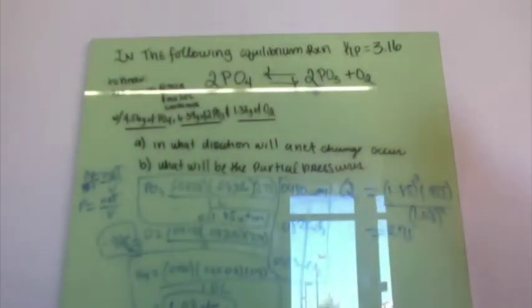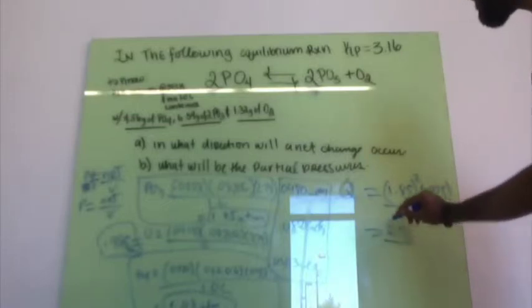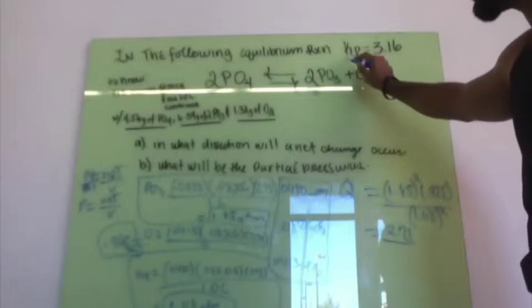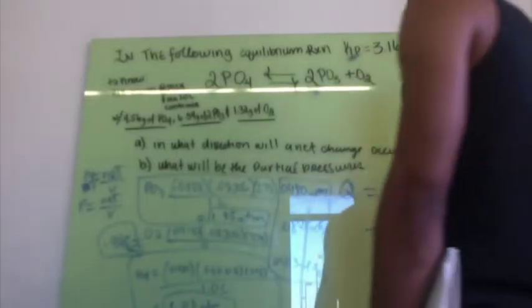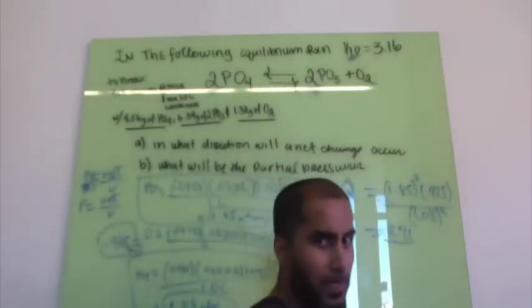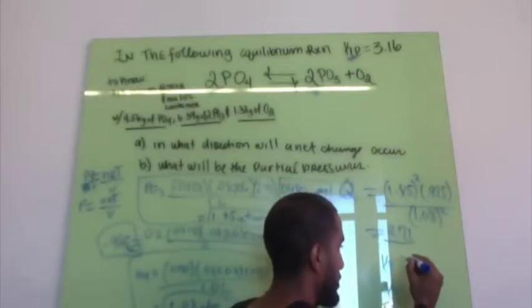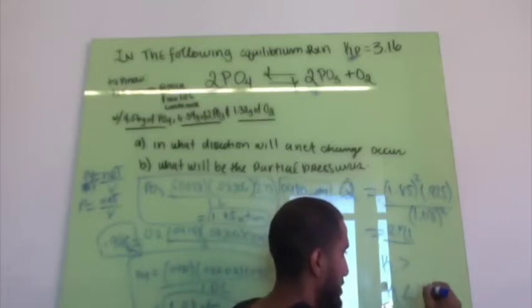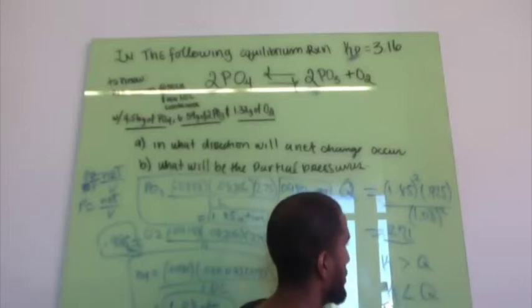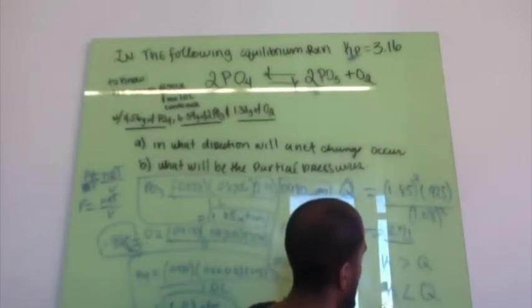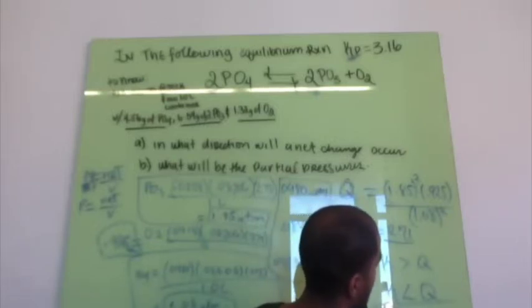So what we're going to do now is use this. This is our Q value, and we compare it to K. A trick I like to use when I was in Chem 2B was to align the K's and do one where K is greater than and less than Q. We plug in our K, which is 3.16, and our Q, which is 2.71.